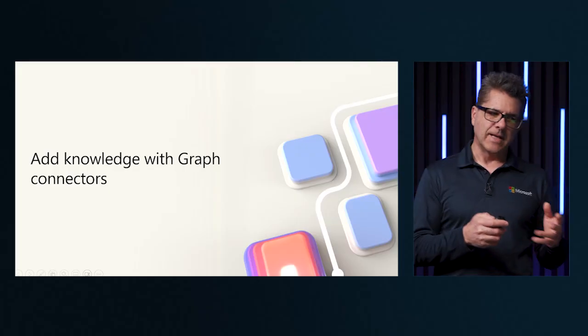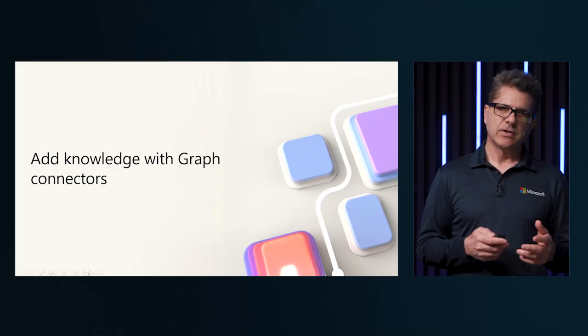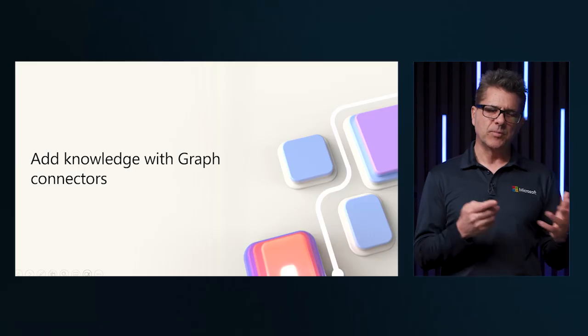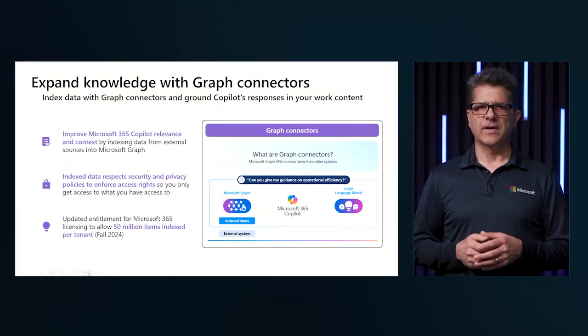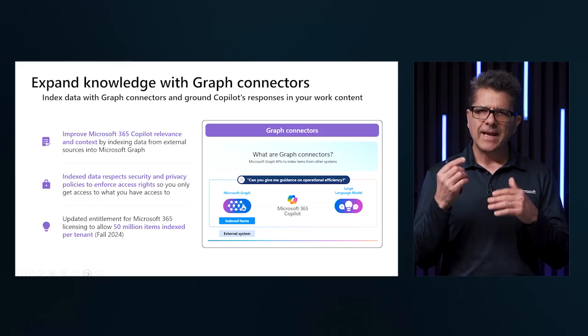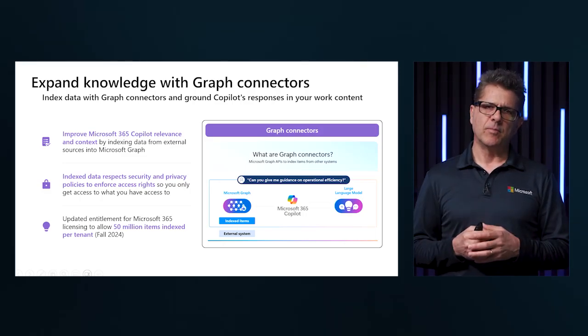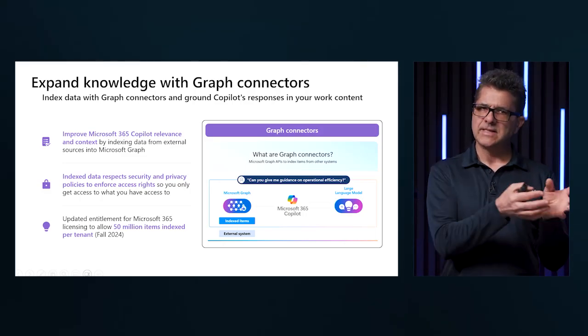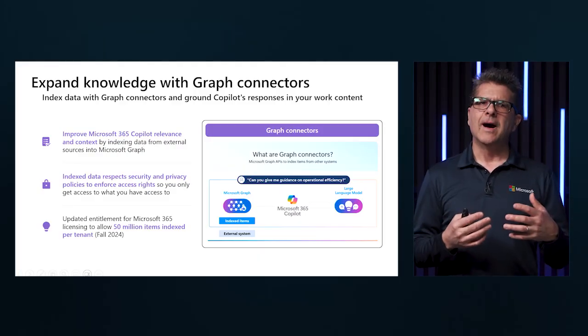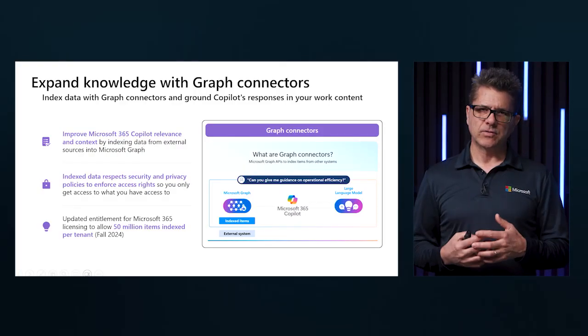So let's add some knowledge with the graph connectors. How is that done? What is the purpose of using the graph connector? If you think about it, the graph connector really enhances Microsoft Copilot. Now we are talking about not just the data that's already pre-configured and available to me, but I can bring in external data sources.